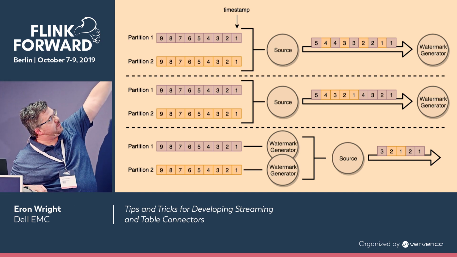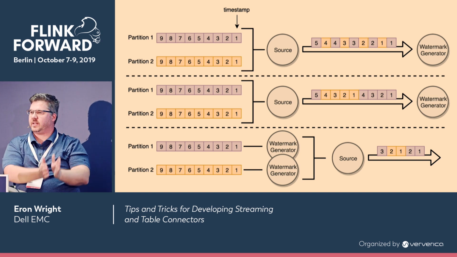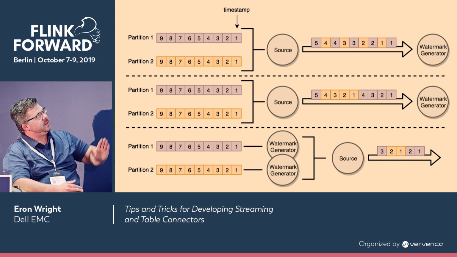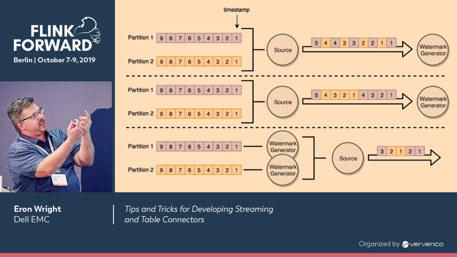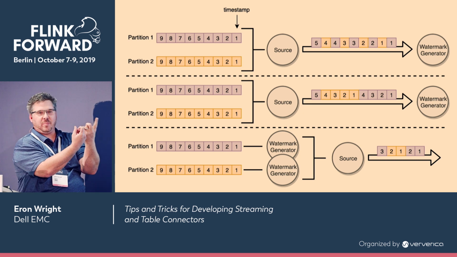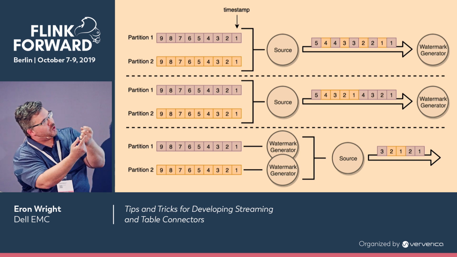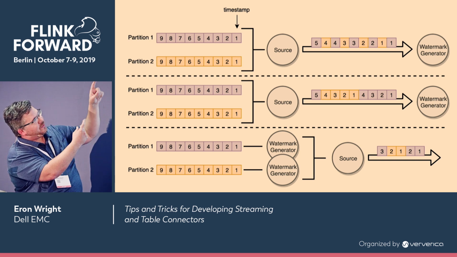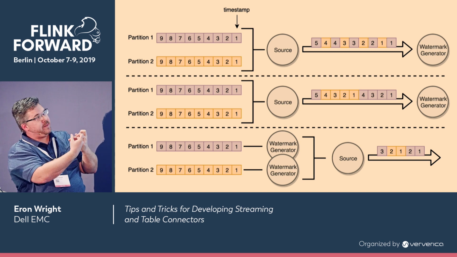In that top section, we have 2 partitions that are being drawn on by a particular source, and by that I mean a particular subtask. You can imagine that source drawing from the 2 partitions one at a time, like round robin. And so it would emit 1, 1, 2, 2, 3, 3, 4, 4, 5, 5, and so on as it drew on these underlying partitions, right?